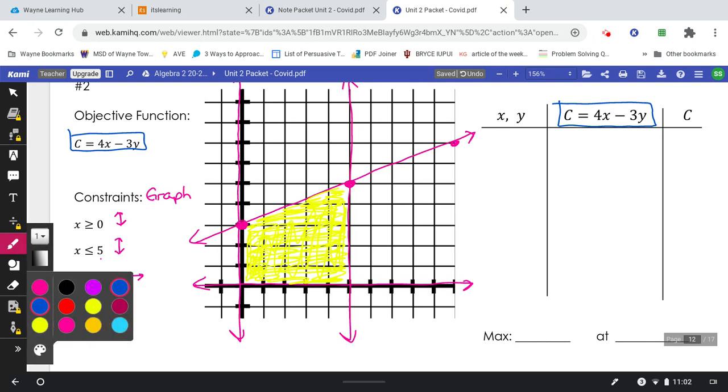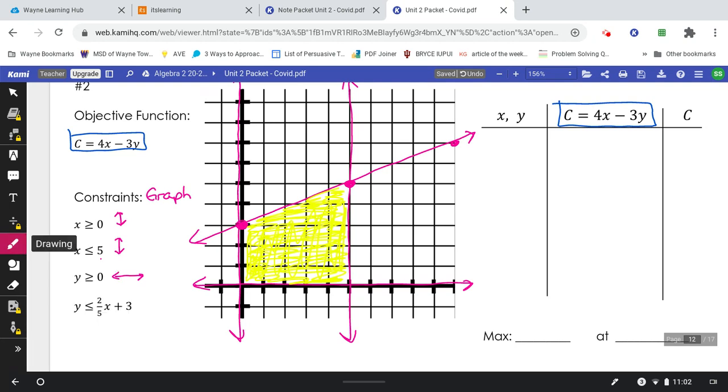So for our corner points, we are going to have this bottom corner point here. That's my origin, 0, 0. I'm going to go to the one right above it here. That's 0 in the x direction, right and left, and 3 in the y direction, 3 up.